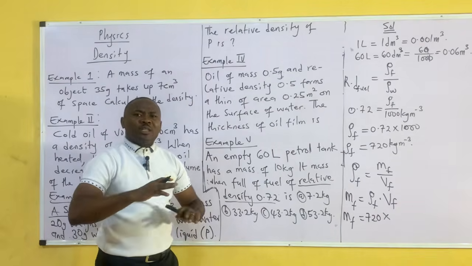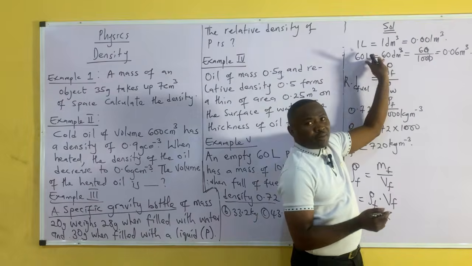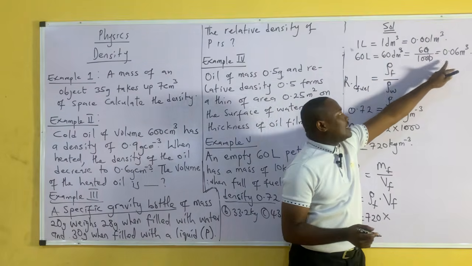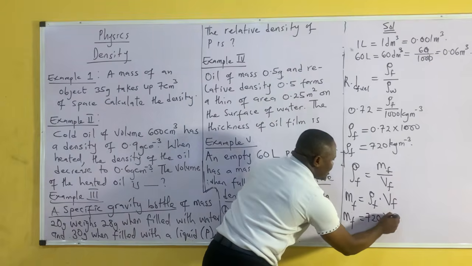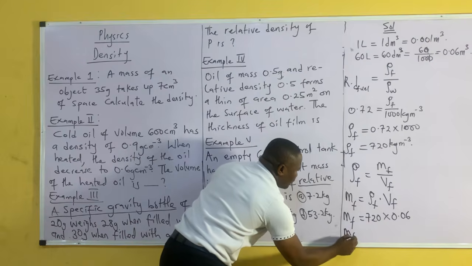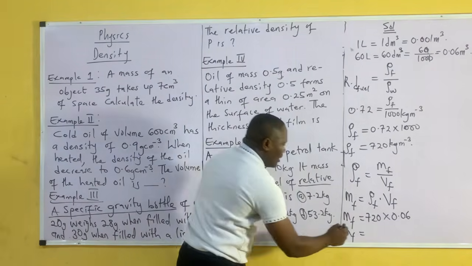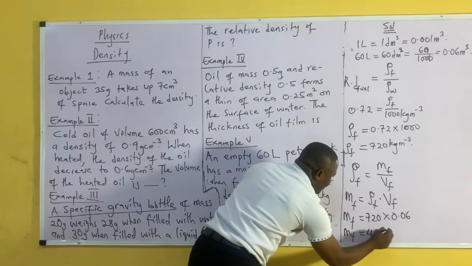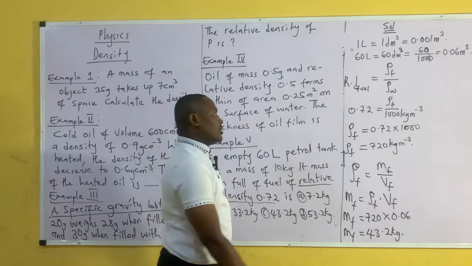The volume of the fuel is the volume of the container. And what's the volume of the container? Remember, 60 liters has been converted to meters cube, which is 0.06. So therefore, the mass of fuel will be equal to 43.2 kilogram. That becomes the mass of fuel.